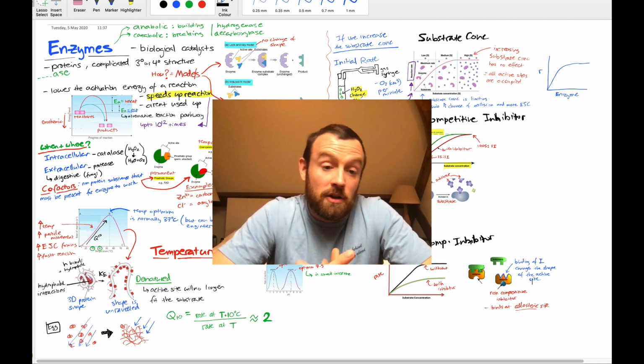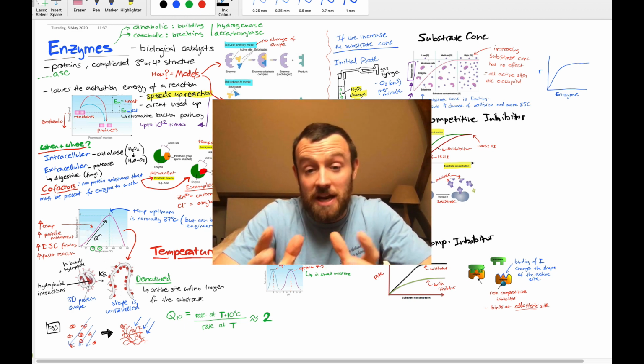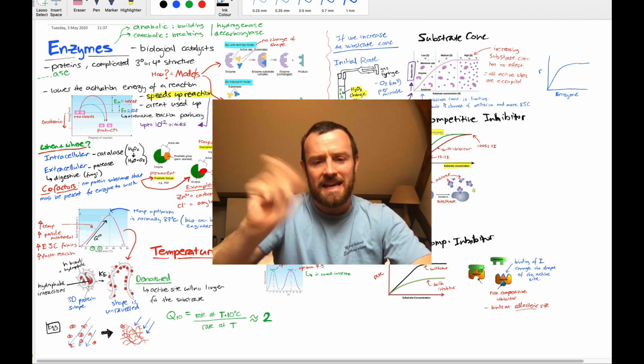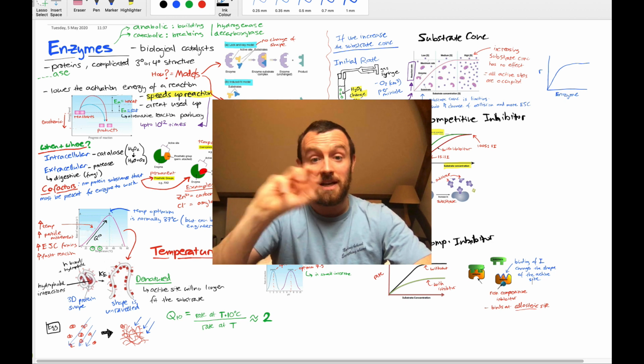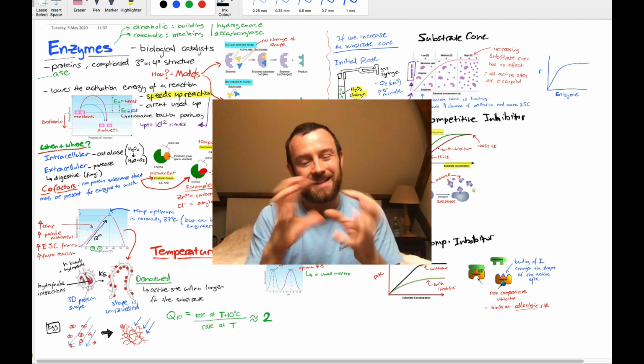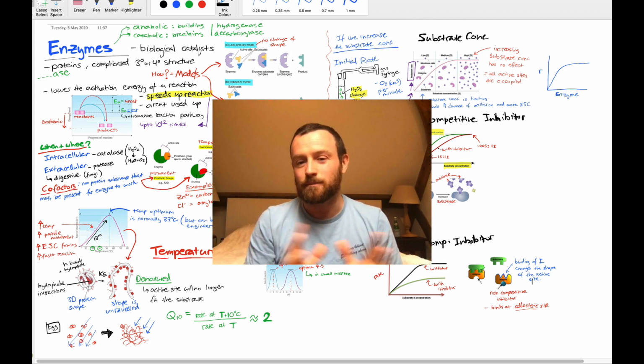Enzymes can be affected by lots of things. Temperature and pH both affect their activity by essentially changing the shape of the enzyme, and that can either be with too much kinetic energy, kind of shaking the protein apart and denaturing it, or it can be with hydrogen ions affecting the interactions that hold the protein together and changing its shape again.